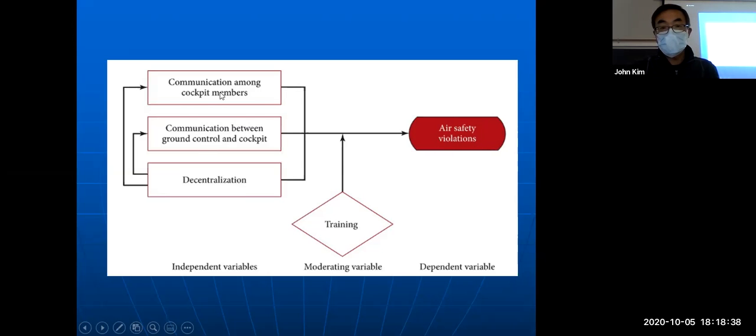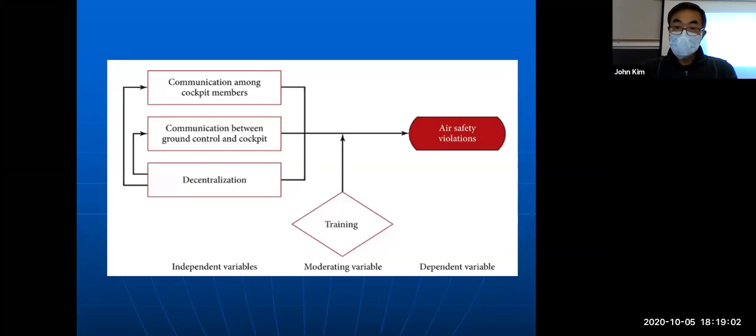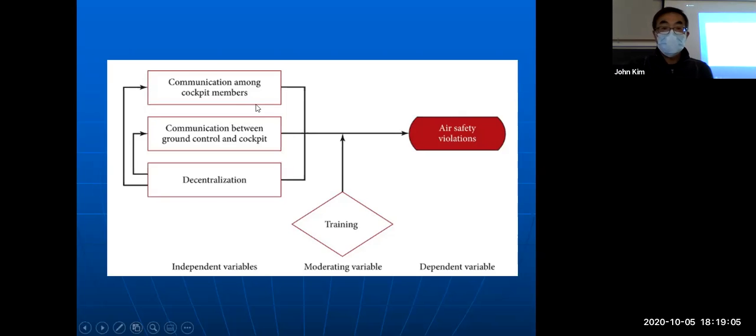These are independent variables and then the dependent variable. Okay, how can we improve? Maybe using training, then air safety violations decrease or air safety improves. So they are independent variable, dependent variable, and moderating variable.